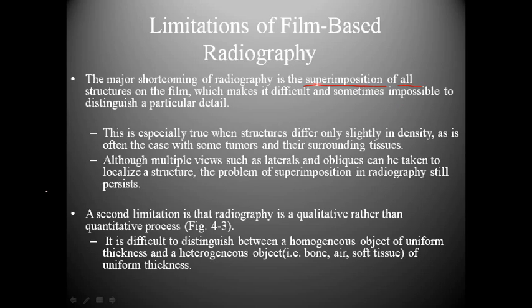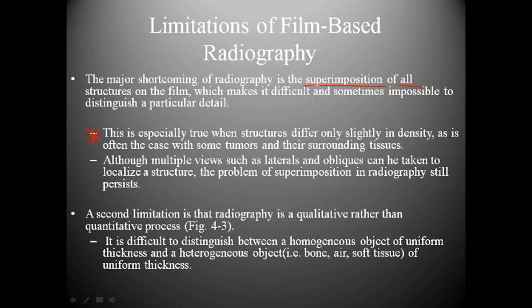And so we also see that when structures only differ slightly in density, as is often the case with some tumors and their surrounding tissues, you really can't detect them. We all know that to be true. Colon cancer necessarily would not show up on just plain film radiography.